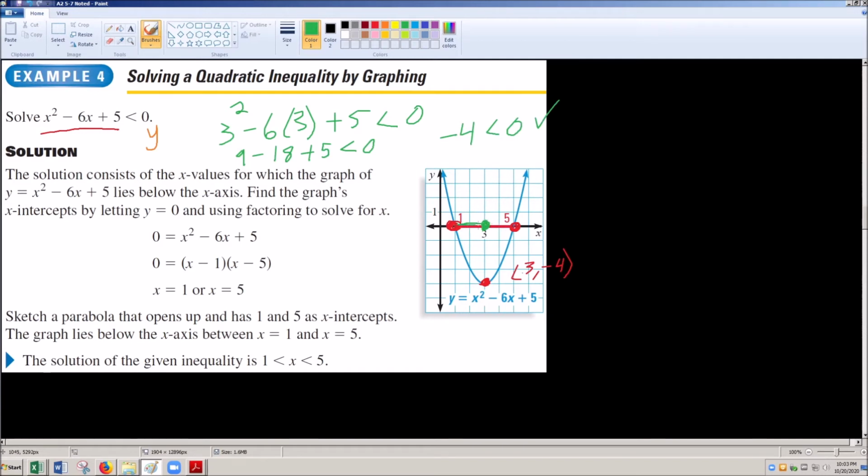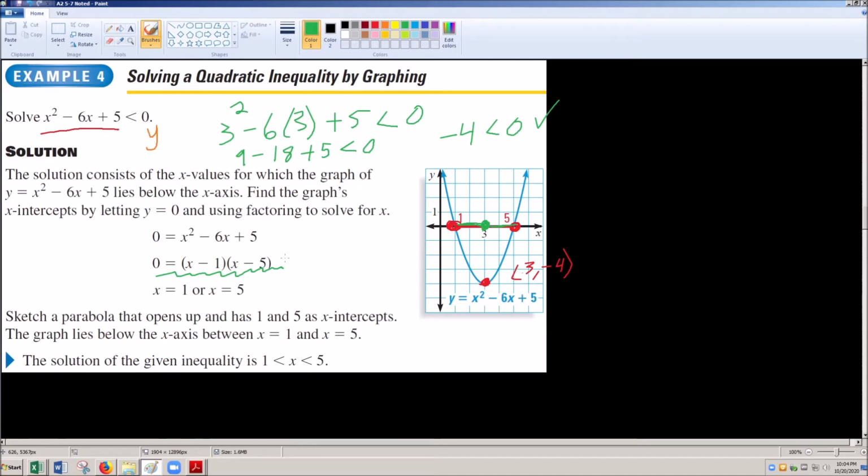So I'm going to have all these values right along here, between 1 and 5. And again, if I wanted to solve this by factoring, I'd factor it to look like this. 99% of the time, I'm going to solve by factoring. If you do want to sketch a graph first and the graph lines up nicely, that's okay too.